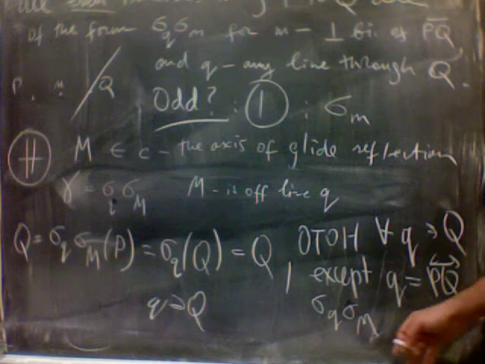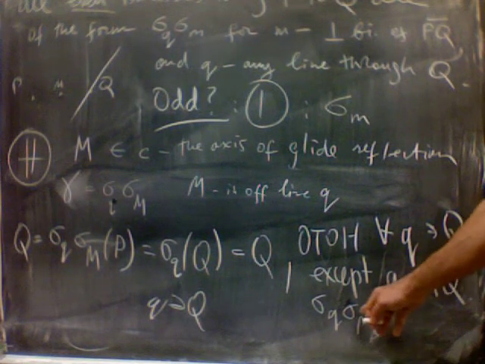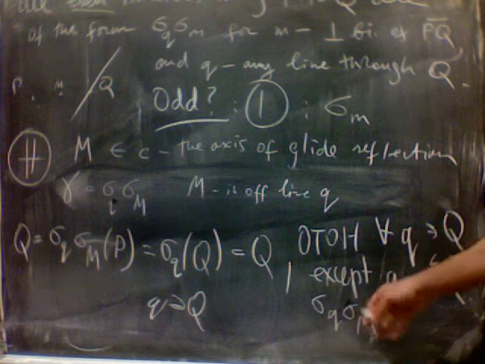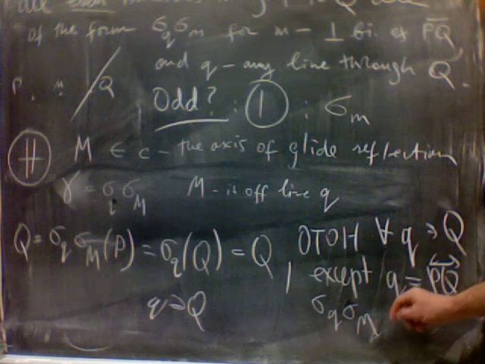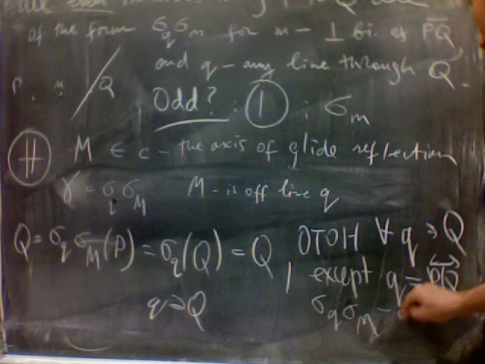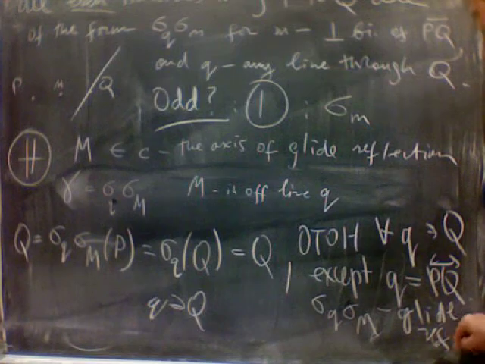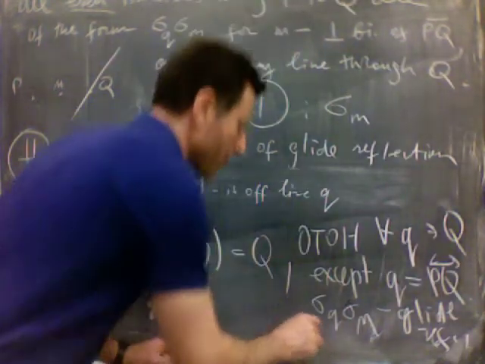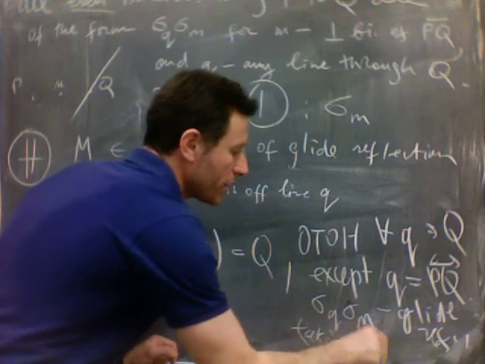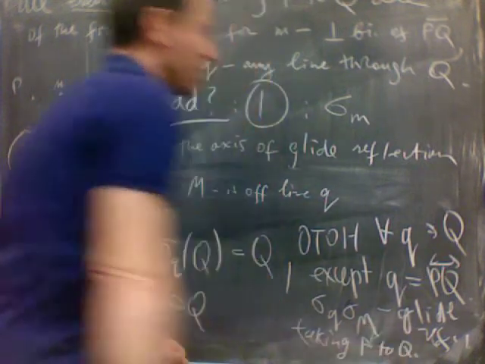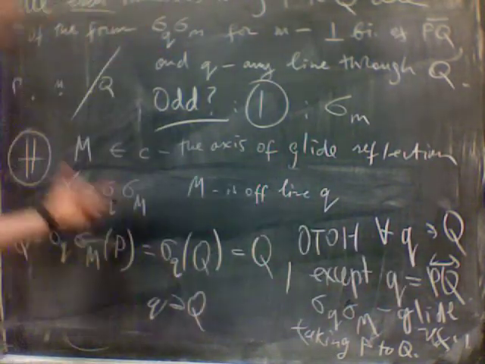Easily checked, taking P to Q: plug P into sigma_m, you will get Q right away. Since q is through the point Q, it will leave it intact. So this will be a glide reflection taking P to Q.